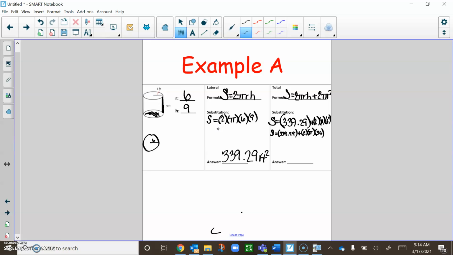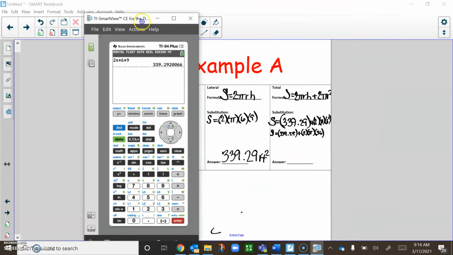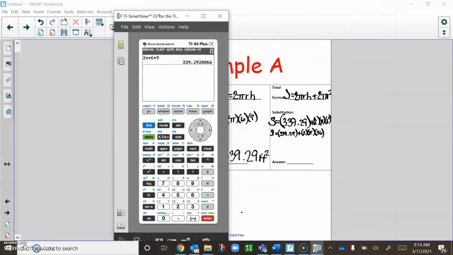The interesting thing with our calculator is that all we have to do is press add because we already have our lateral surface area. Then in parentheses, you put your 2 times pi times 36.